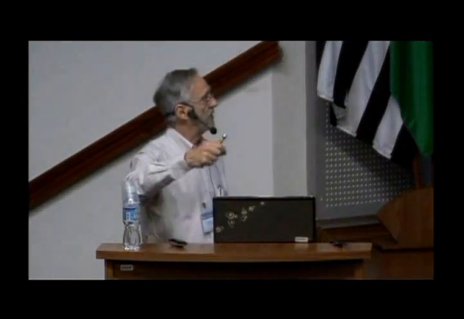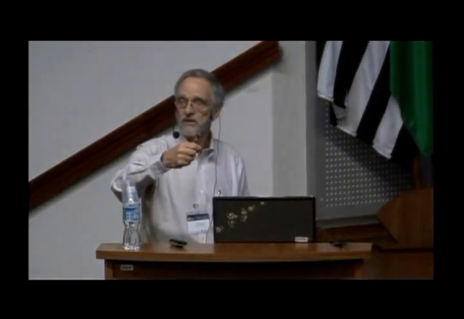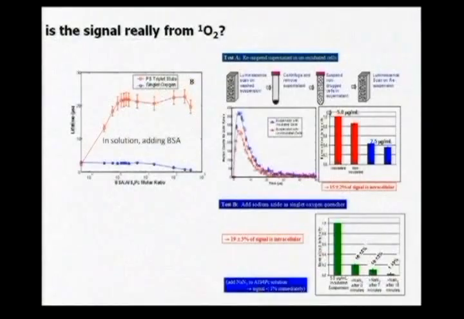And then finally, what happens if you drop some sodium azide, which is a singlet oxygen quencher, into the solution? You get this death of the signal. And so this is probably the most unarguable result, namely if you take the sensitizer, measure the singlet oxygen, put a drop of sodium azide, which only interacts with singlet oxygen, you immediately kill the signal.